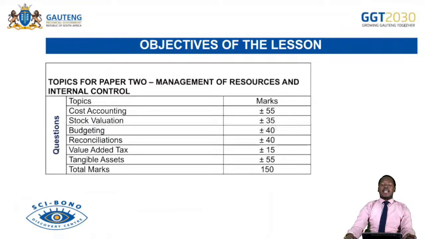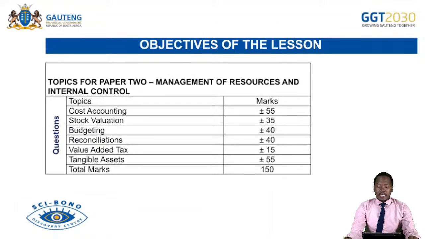Right, grade 12 learners, let us look at paper 2 topics. These are the following topics and approximately how many marks we are going to be getting. The first topic will be cost accounting, which may weigh around plus or minus 55 marks. Then we'll have stock valuation, which will weigh around 35 marks.